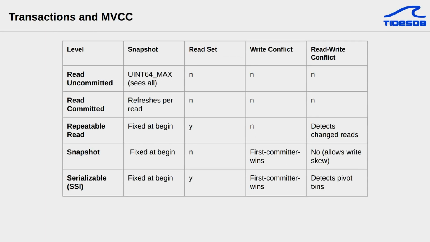So in TidesDB we have 5 isolation levels, from read uncommitted to serializable. With serializable, we implement serializable snapshot isolation, a simplified SSI implementation. The SSI works in a way where we're tracking read-write and write-write conflicts.